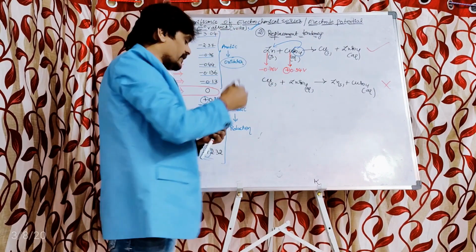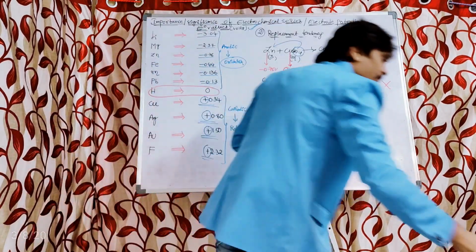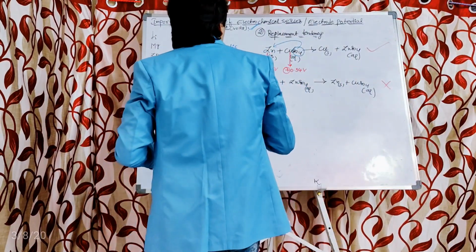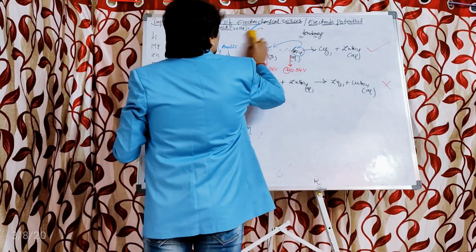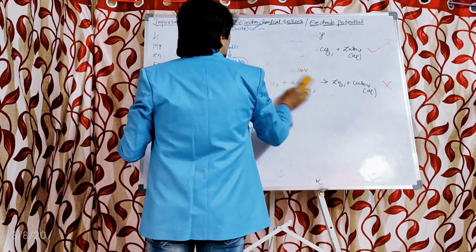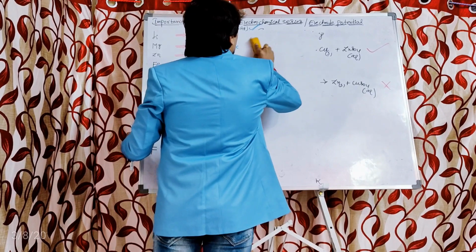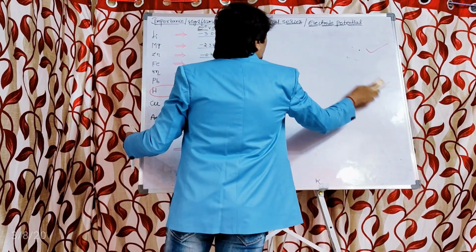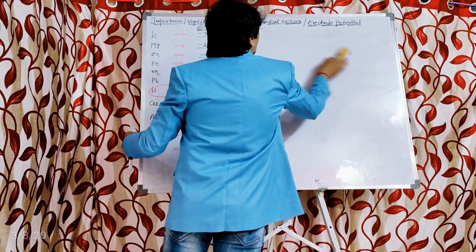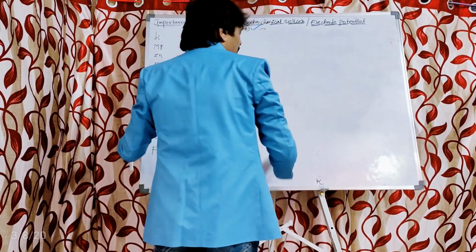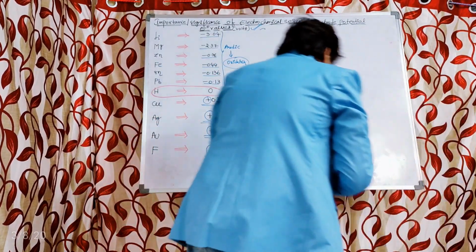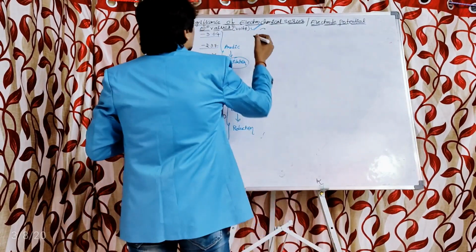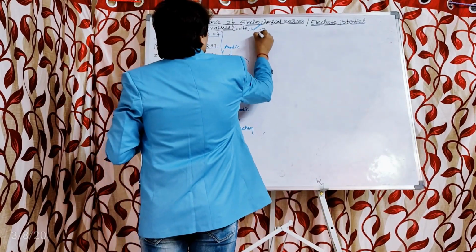So this is the second piece of information which can be revealed with the help of the electrochemical series. And the last but not the least, it predicts the spontaneity of redox reactions.